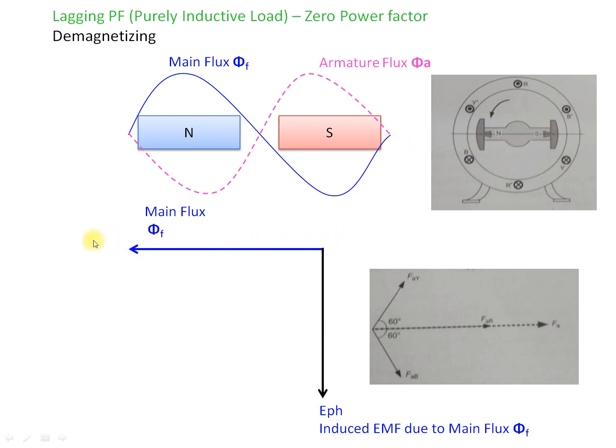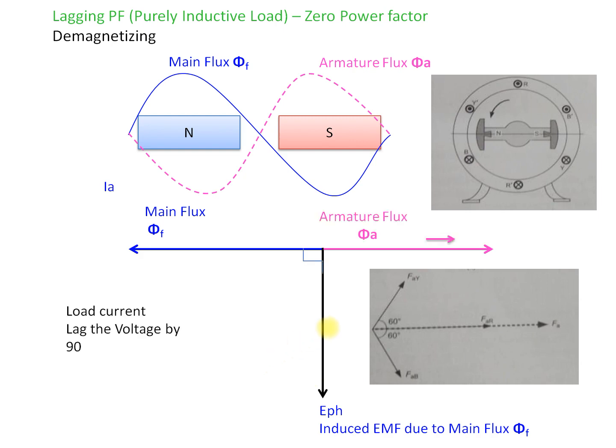So this will be acting along this particular line, so the armature MMF or armature flux will be demagnetizing our main flux, so that the main flux will be decreasing in nature, so the resultant will be decreasing in nature, because this armature flux is opposing this particular main flux. Since we are having this Fa, the phi A will be acting along that particular Fa itself.